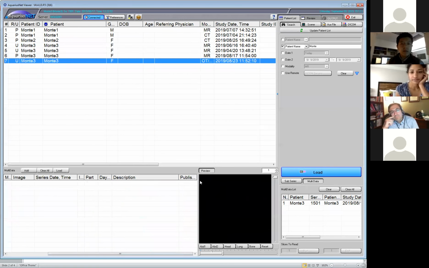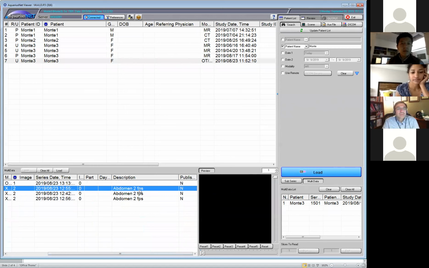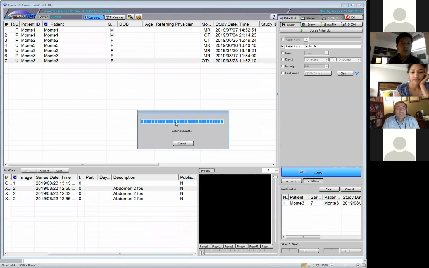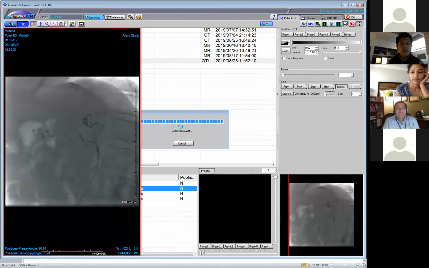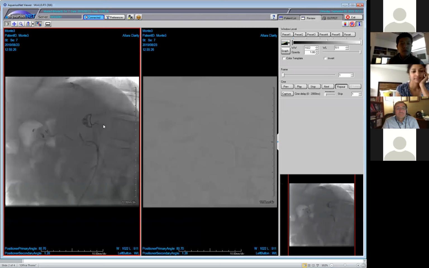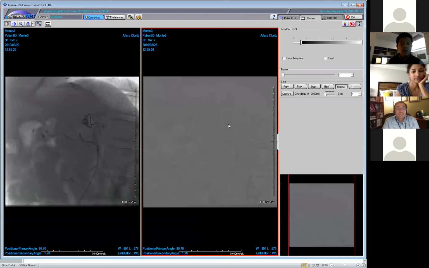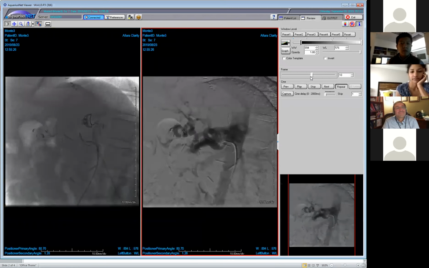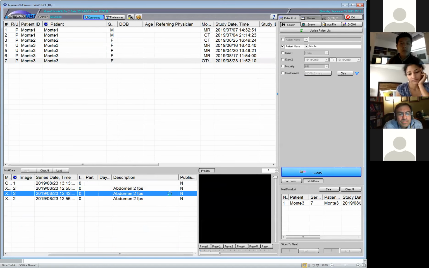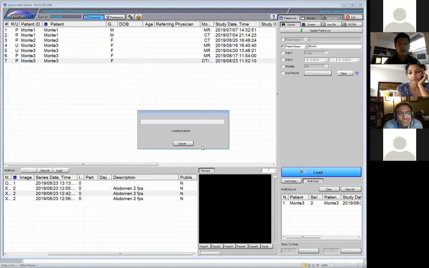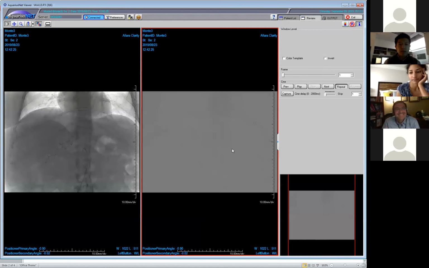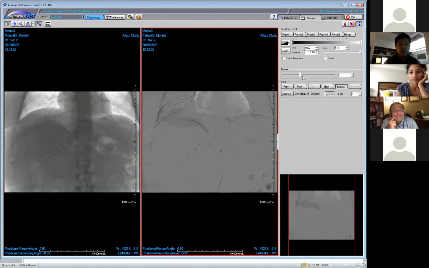So I do have an angio to follow it, which I may or may not be able to show you on this. There. So you can see there's the hooked appearance with narrowing, and then this was the expiration, and on the inspiration, you can see that.